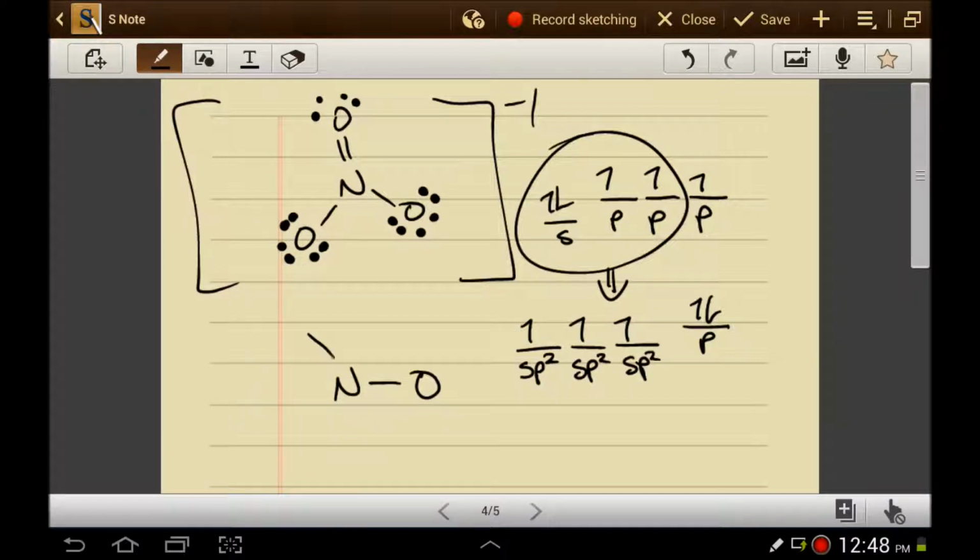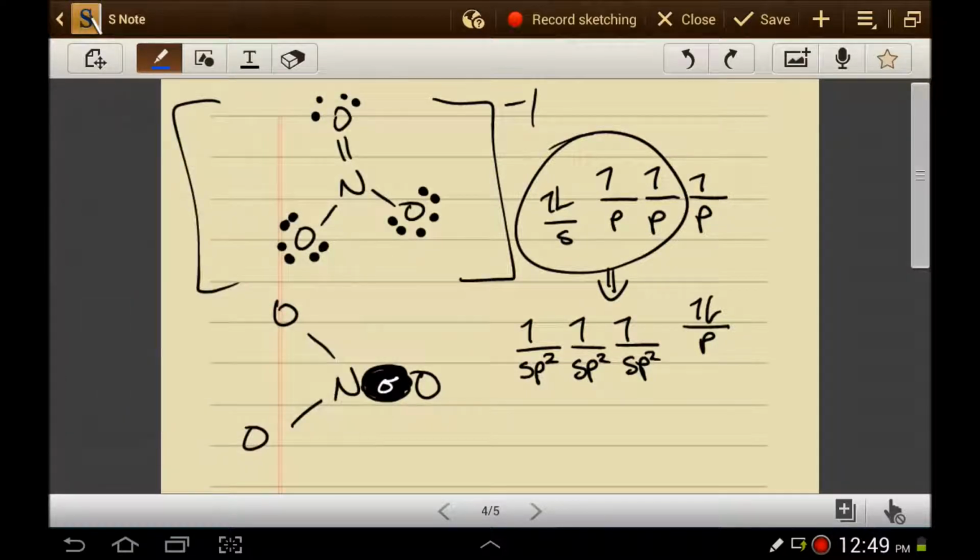After you make your 3 sigma bonds, we don't have an octet yet, so we're going to make a pi bond. A pi bond is an indirect overlap between 2 unhybridized p orbitals. The bond between the nitrogen and the oxygen is a sigma bond. It's that direct overlap between the 2 orbitals. P, S, hybrid, whatever, it's a direct overlap.